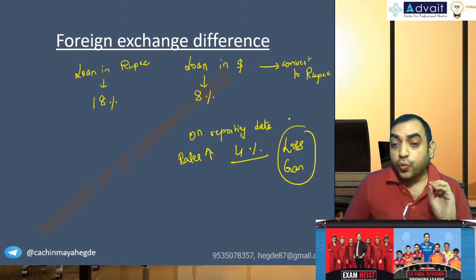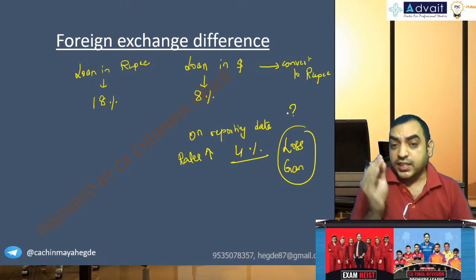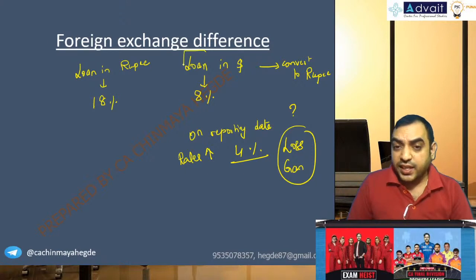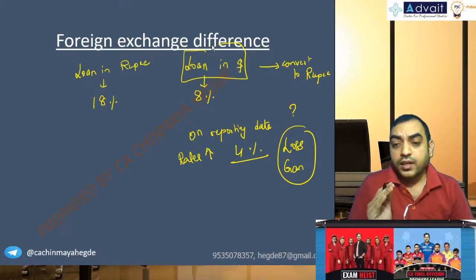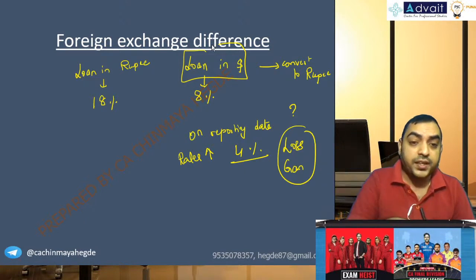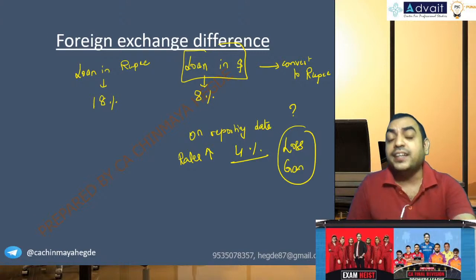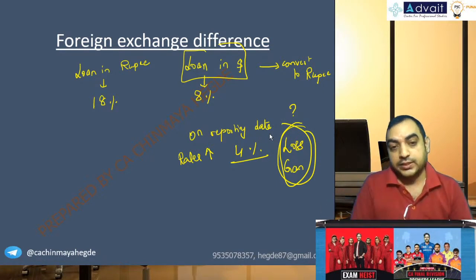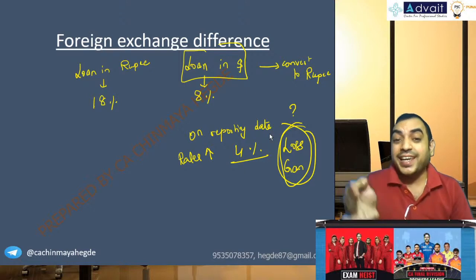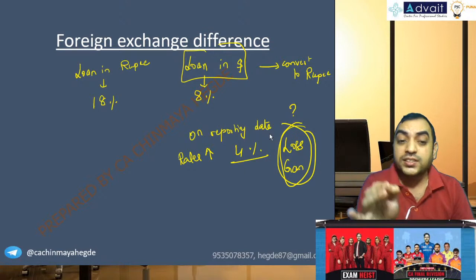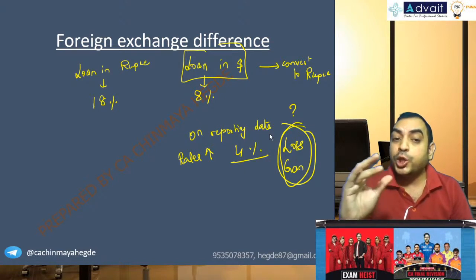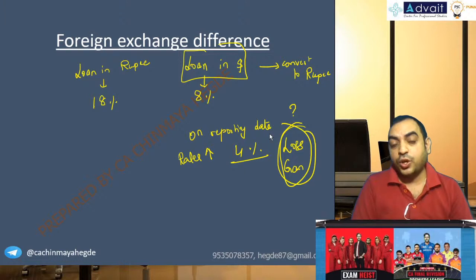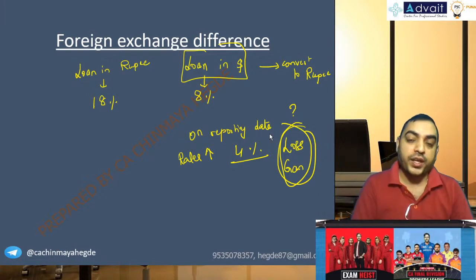Now, why is this loss occurring? This loss is occurring because you're taking the loan in dollars. Had you taken the loan in rupee terms, then also you would have paid interest. So this loss, this expense, this cost is attributable to borrowings.